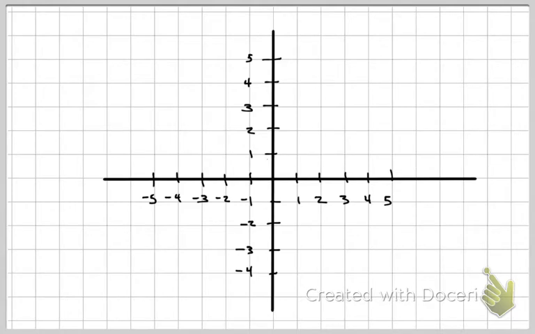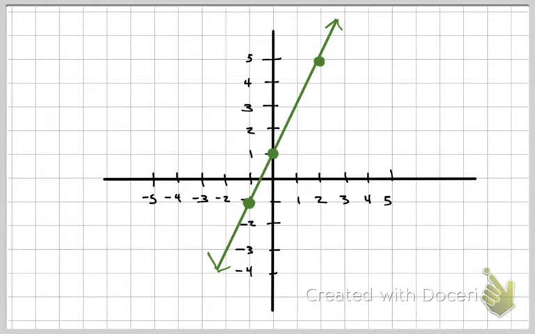So now we're going to plot our ordered pairs. Our first one was negative 1, negative 1, right here. Our second one was 0, 1, and our third point was 2, 5. What's really nice about these linear equations is that it always forms a straight line. Just like we said on the terms slide, any point that lies on this line is actually a solution.